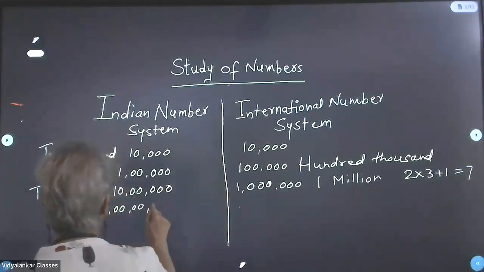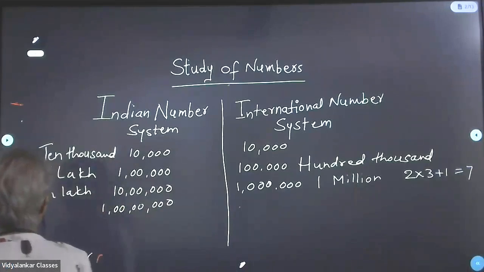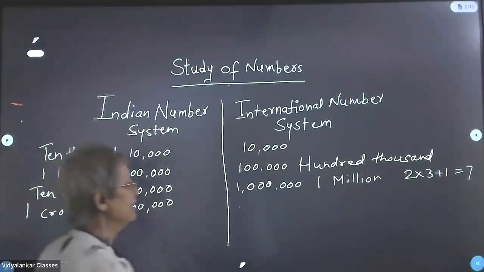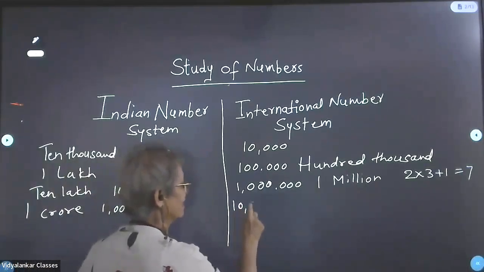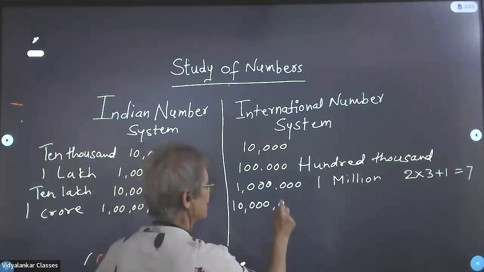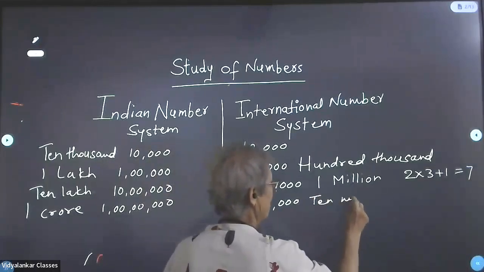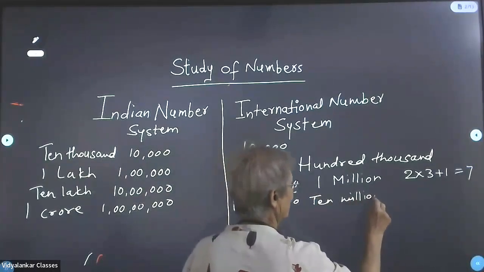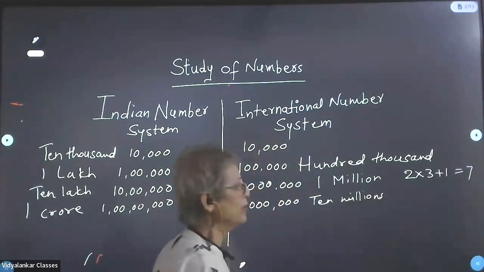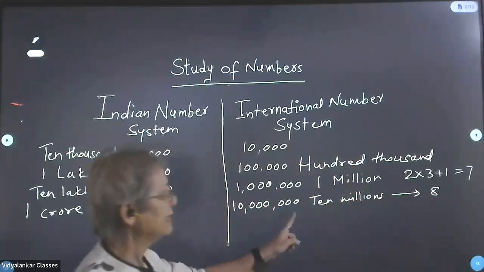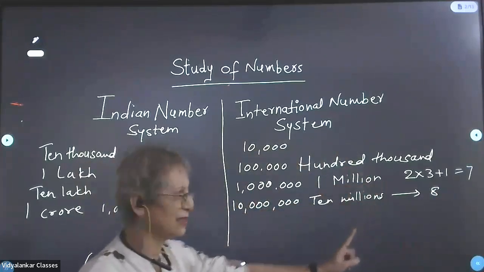Then next, in our number system, it is 1 crore. While here it is 10 million. Again, how many digits are there now? 8 digits. 7 digits, 8 digits.